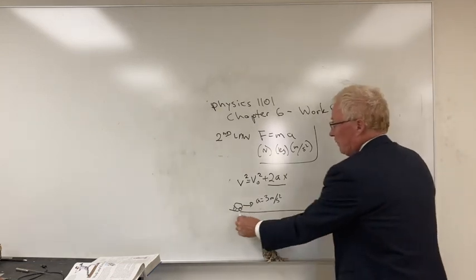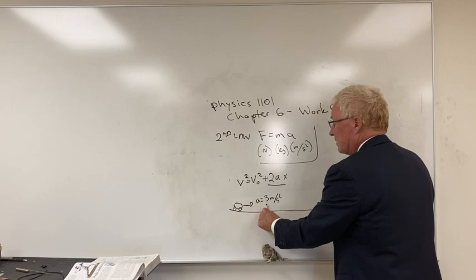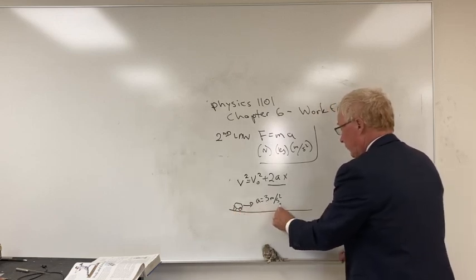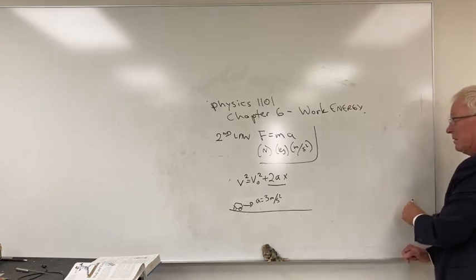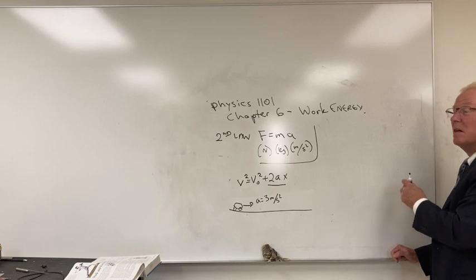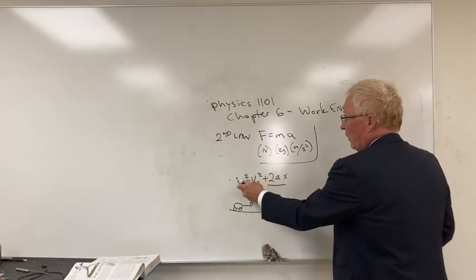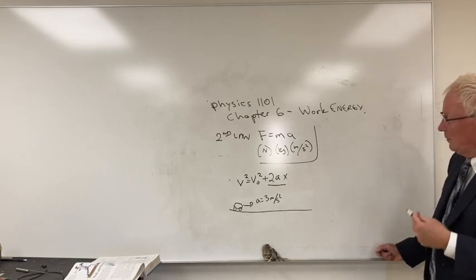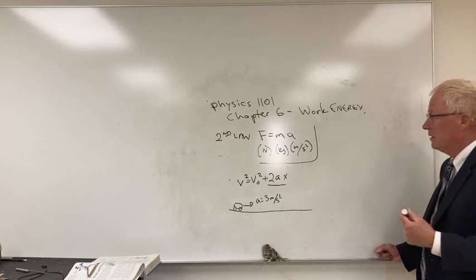Then if we do that for a short distance, it's not going to be going as fast as if we do it for a much longer distance. So the longer the distance we have the acceleration, the faster it's going to end up going. We're going to start relating this to the idea of work and energy.